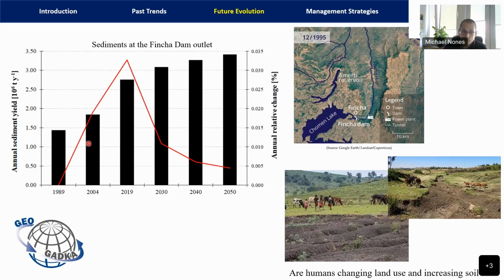It's worth reminding that this trend is basically derived from changing land use. So we can answer this question: are humans changing land use, increasing soil loss? Yes, they are, and all this increase in soil loss has multiple consequences.